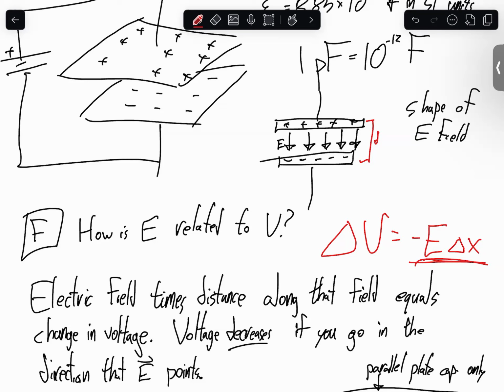It's summarized by saying electric field times distance along that field. Voltage decreases if you go in the direction that E points. It'll be very important, especially for the little bit of extra that we're doing next time.